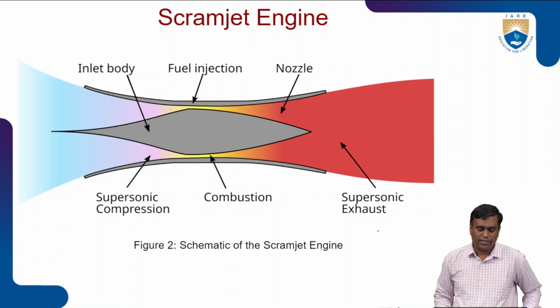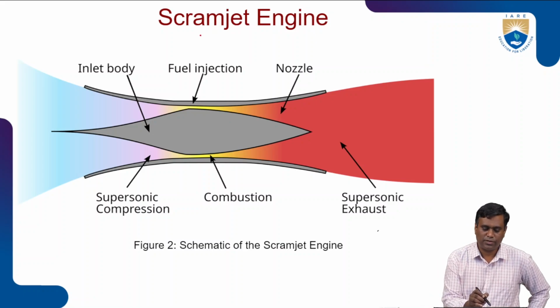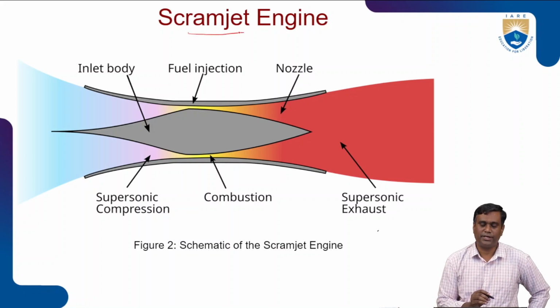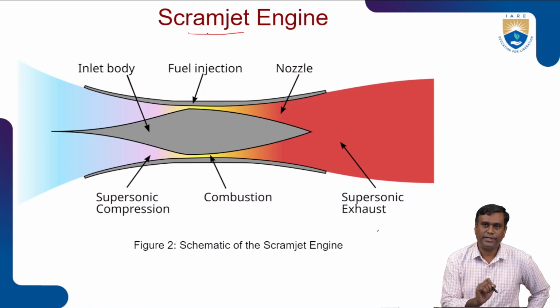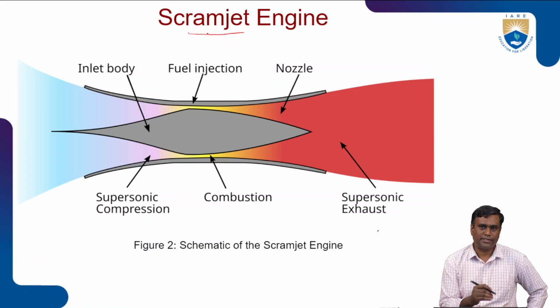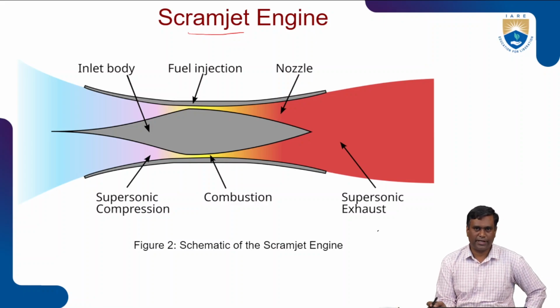And the next engine is the scramjet engine. It is almost a modified ramjet engine. You can see here, as the name says, it has scramjet. In the ramjet engine, combustion takes place only with subsonic air inflow, because even though the inlet air was supersonic, in the inlet it was decelerated to subsonic.